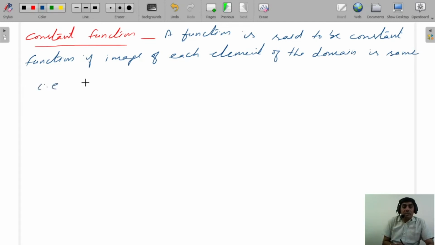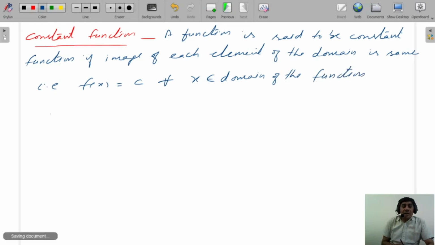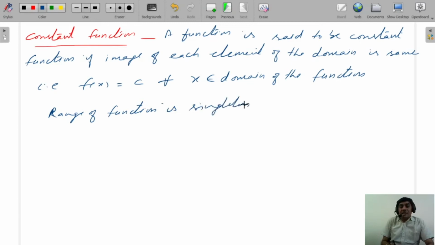That is, f of x is equal to c for every x belongs to the domain of the function. In this case, the range of the function is a singleton set.